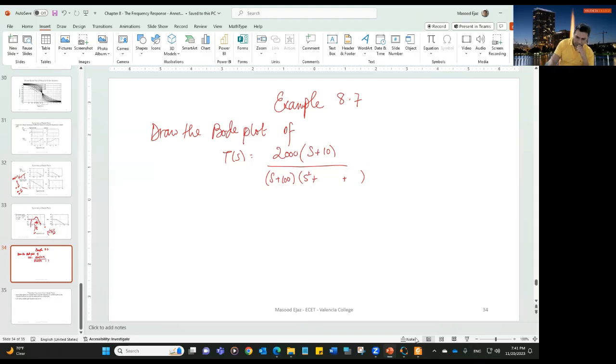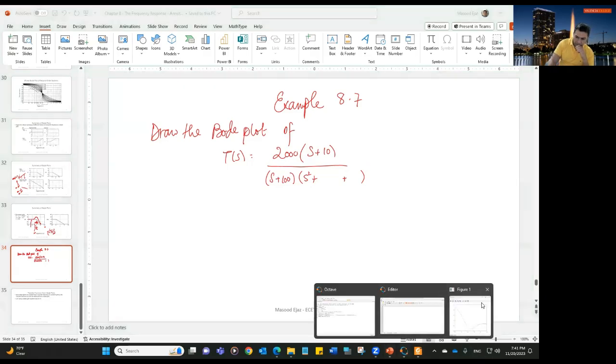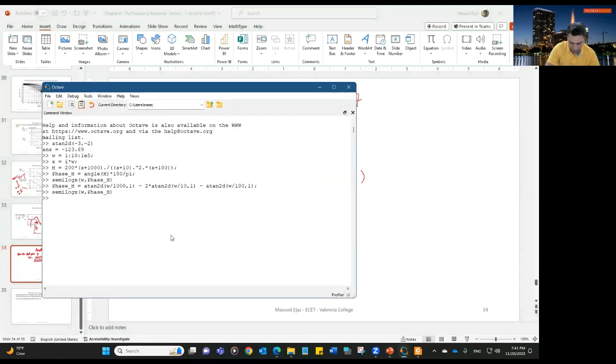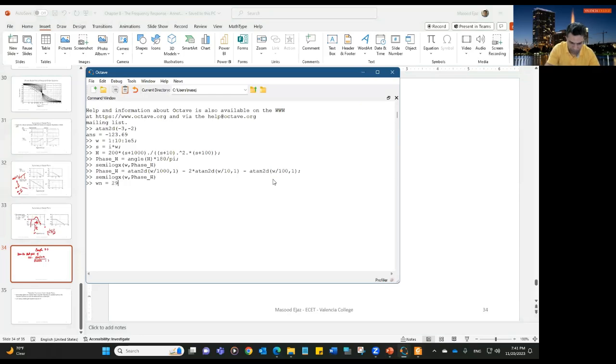Let's calculate it so we know exactly. Let's say we take omega n equals 200, then of course omega n squared will be 40,000.